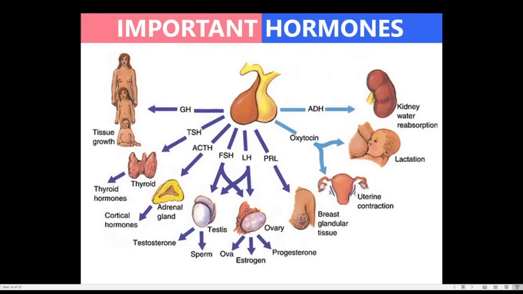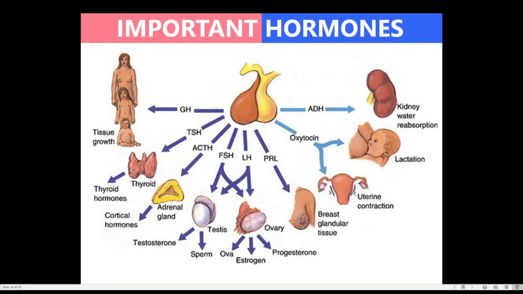Okay. So, dito makikita natin na merong mga iba-ibang letters, tas may mga arrows. On the center, you can see the pituitary gland. You can also see the different glands that are parts of the endocrine system. So, makikita natin that the pituitary gland sends something to these glands in order for them to produce something.